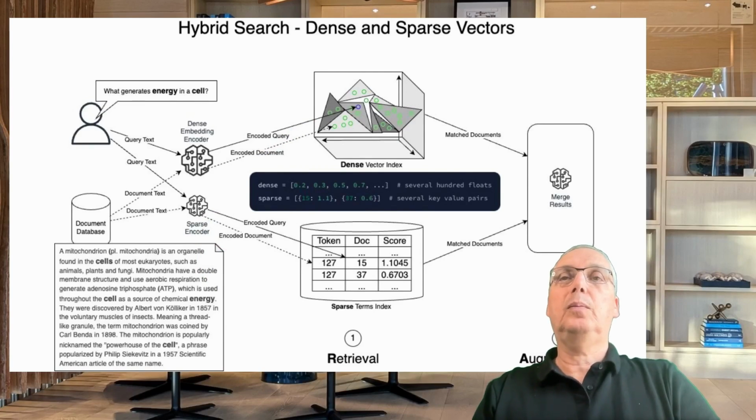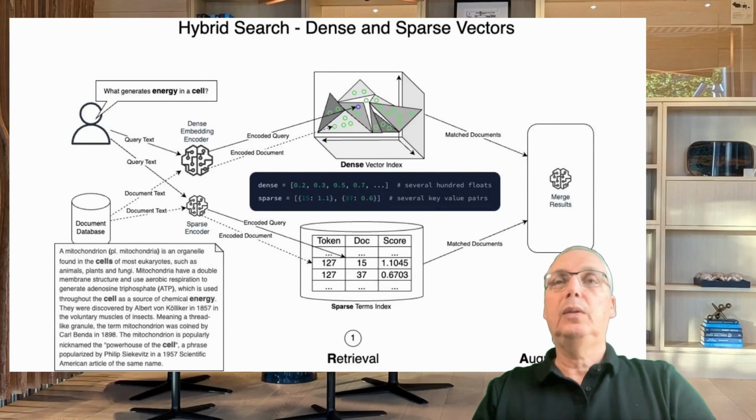The reason we call it sparse is because the dense encoder creates a vector with hundreds and sometimes even thousands of numbers, while the sparse encoder only outputs a few dozen and even fewer tokens for each one of the documents. So here we see the encoding that we have for each token, in which document, and what the score of this document is.